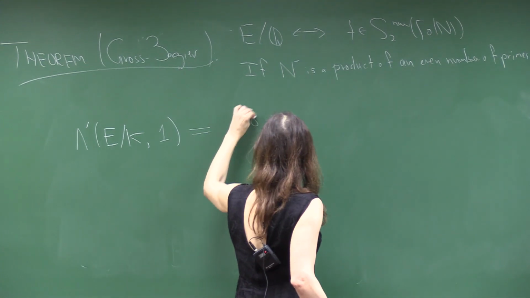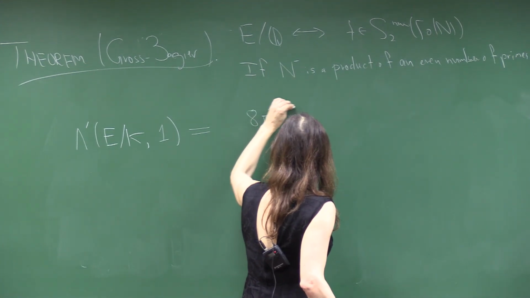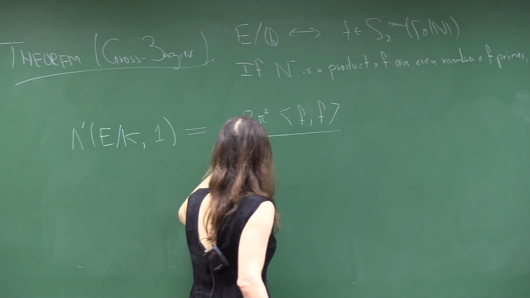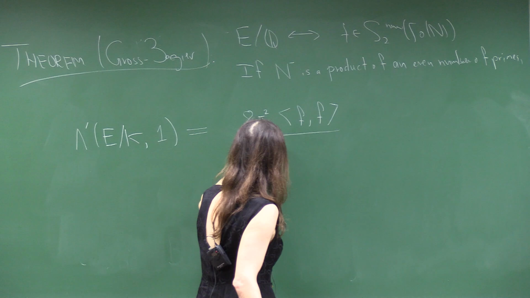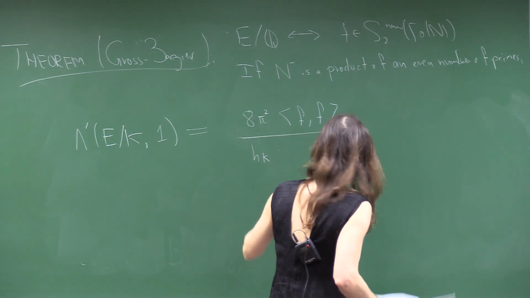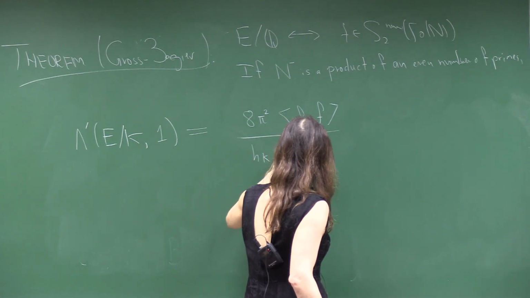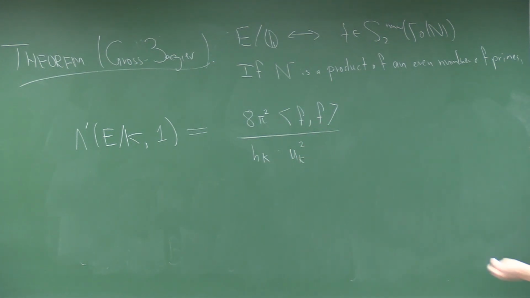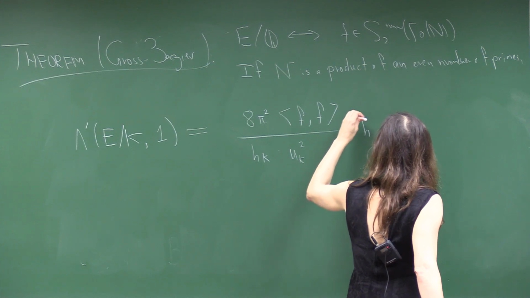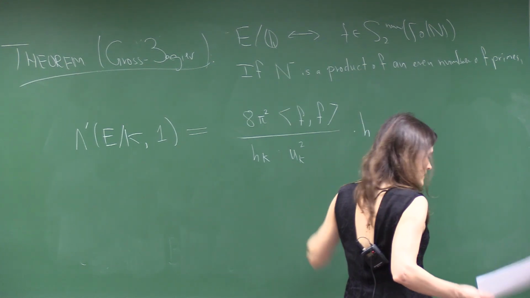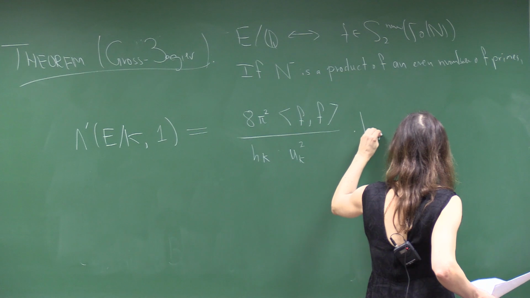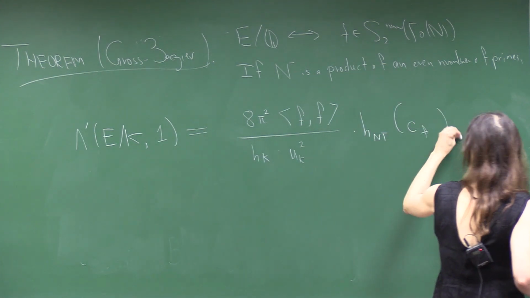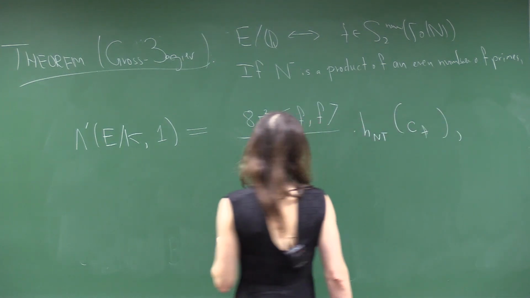It will be given by 8 pi squared times the Petersson inner product of the eigenform times the class number of K times half the number of roots of unity in the field squared times the Néron-Tate height. Let me write this carefully. So Néron-Tate height of some Heegner divisor. Let me specify what everything is.